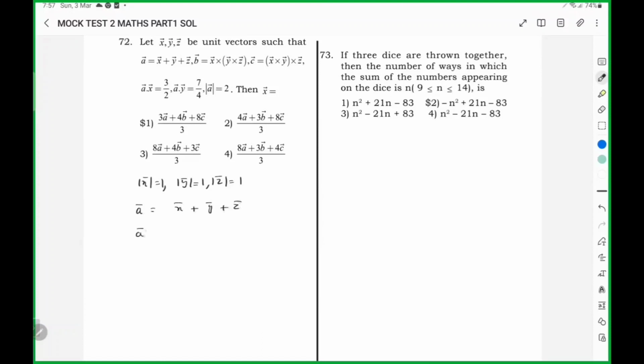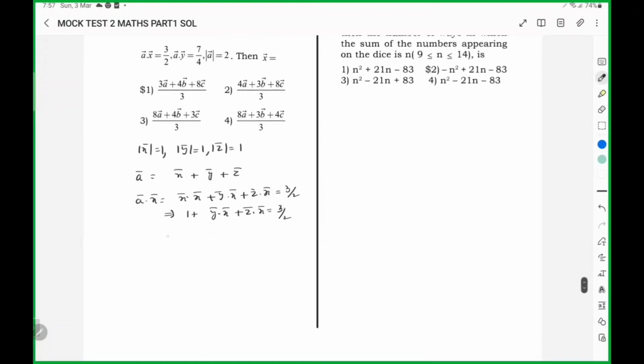So a bar dot x bar means y dot x plus z dot x, which is 3 by 2. X dot x is mod x whole square. Y dot x plus z dot x is 3 by 2, so x dot y plus x dot z is half.